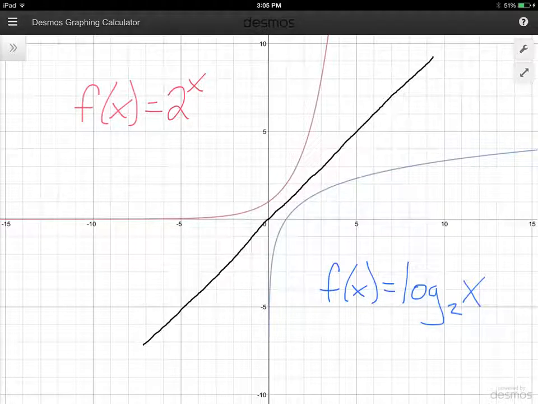And the basic exponential functions, if we didn't add or subtract anything to them, always went through the coordinate 0, 1. Well, that's kind of similar for logarithmic functions. As long as we're not adding or subtracting anything to them, they're all going to go through the point 1, 0. Okay, so these are just reflections of each other because of the fact that they're inverses.